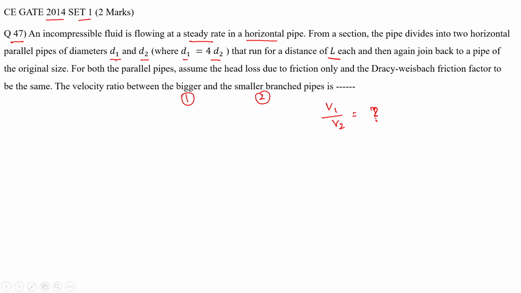Can you guess how we can solve this? So the question is as follows: there is a pipe. Suddenly, they divided this pipe into two sub pipes.